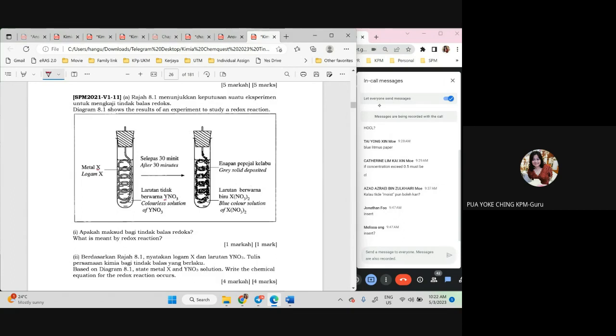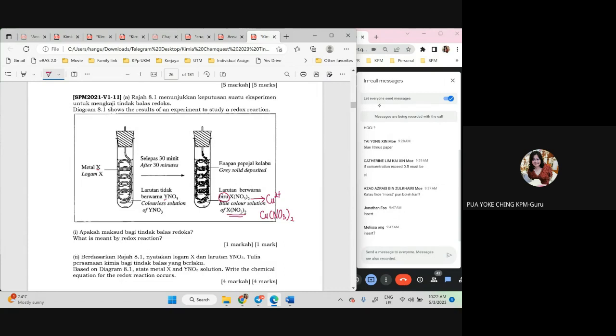Okay. Ada X, ada Y nitrate. Selepas 30 minit, larutan berwarna biru XNO3. So, nampak saja biru ni, actually, you dah tahu ini mesti ada Cu2+. So, larutan XNO3 ni ialah Cu(NO3)2.